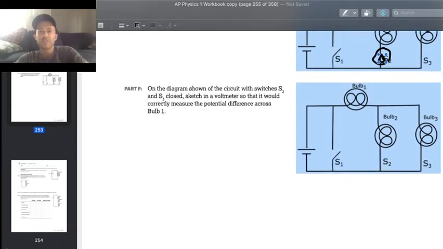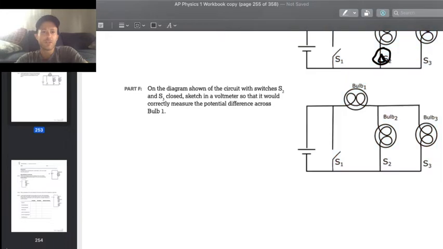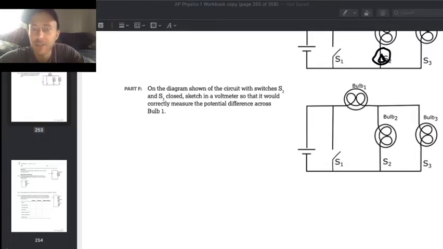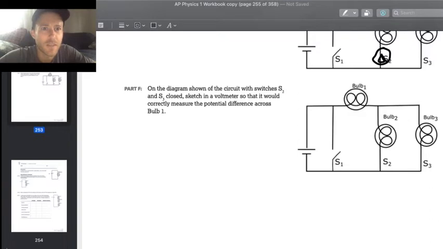Part F says, on the diagram shown of the circuit with switches S2 and S3 closed, sketch in a voltmeter so that it would correctly measure the potential difference across bulb 1. So voltmeters need to go in parallel with the device under test. So I'm going to put a voltmeter in parallel.